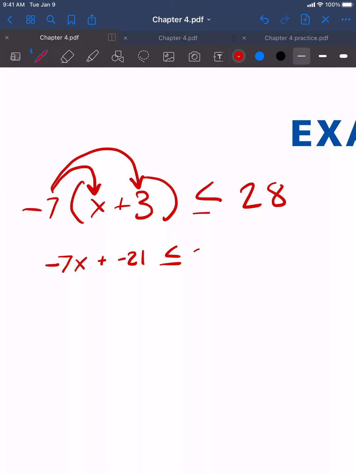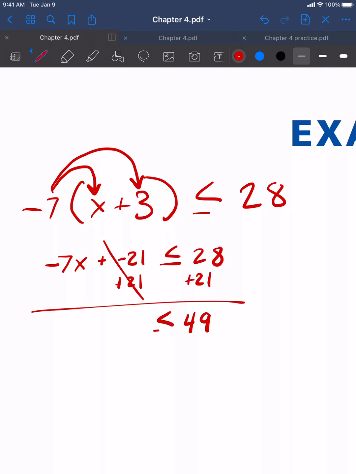Rewrite my stuff. Now, can I solve for x? What do I get rid of first? Negative 21. Good. I want to get rid of that negative 21, so I'm going to add 21 to both sides. What's 28 plus 21? 49. Negative 7x. Now how do I get rid of negative 7?